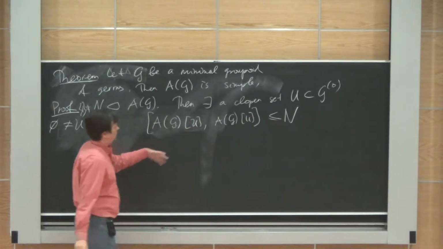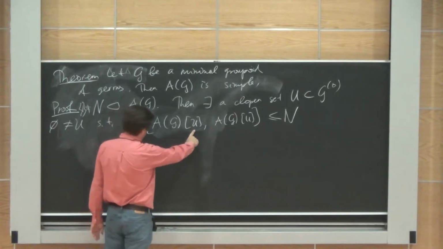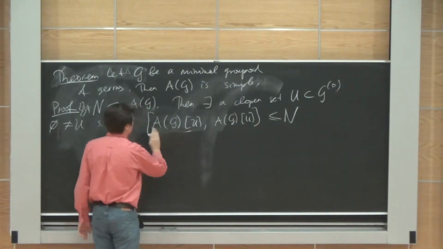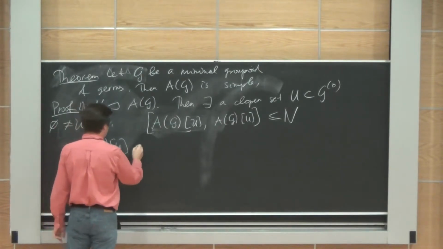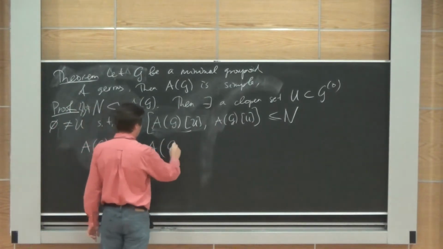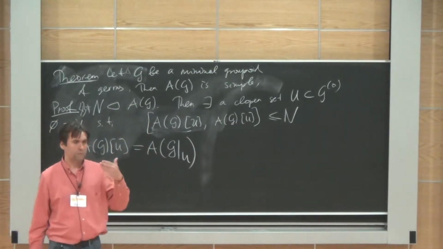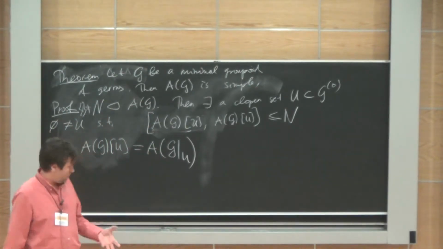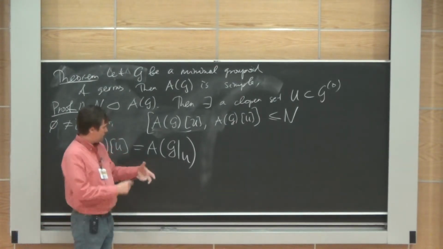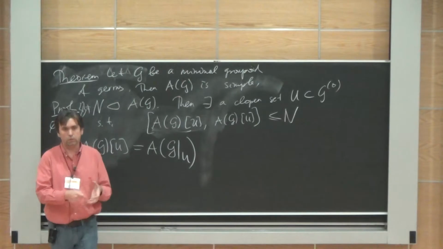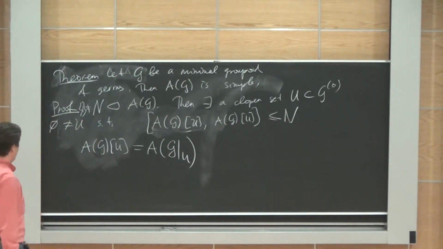Well, first of all, this group, A of G acting on U, is the same as A of G restricted to U. So you take multisections that live just inside U, and take all alternating groups there.